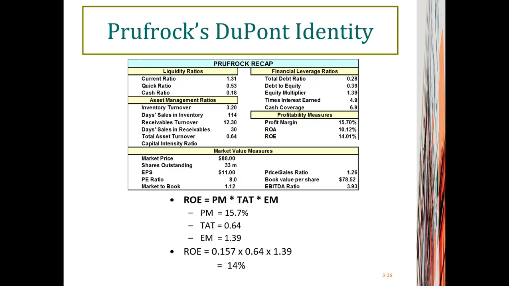Profit margin is pretty high for this company, 15.7%, but its asset turnover is low, 0.64, and the financial leverage is 1.39, and that combination will result in 14% return on equity.